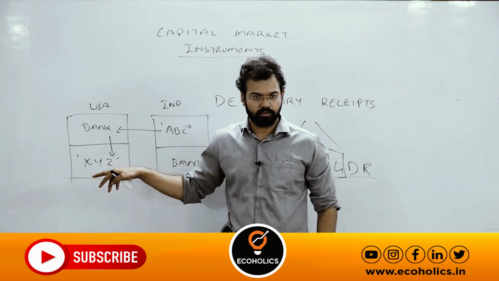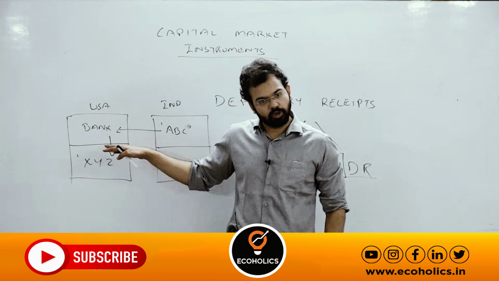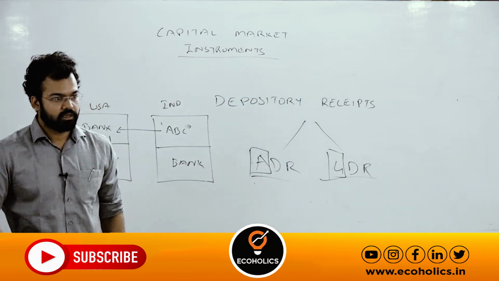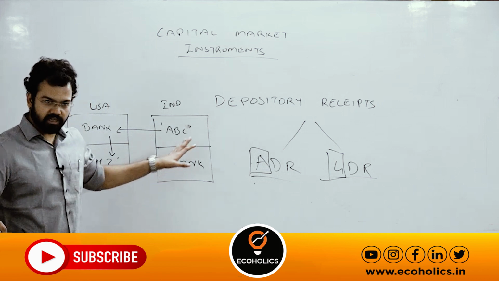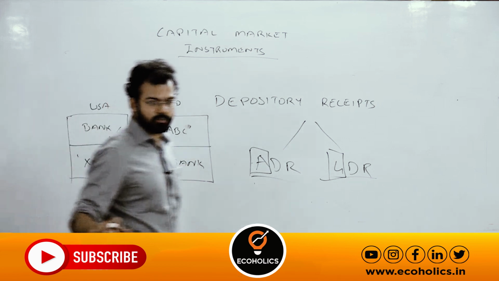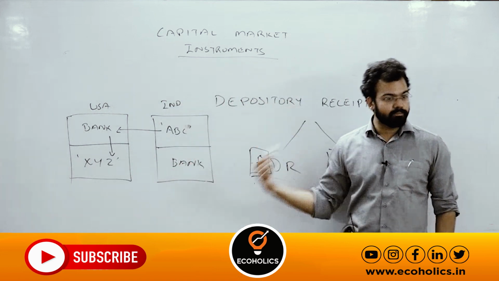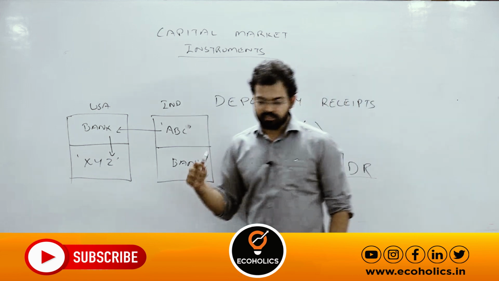Obviously, whether they are investing in dollar or rupee depends on the depository receipts. You heard about P notes, participatory notes? This is the last topic. Participatory notes are the same concept as depository receipts, but there is only one change.